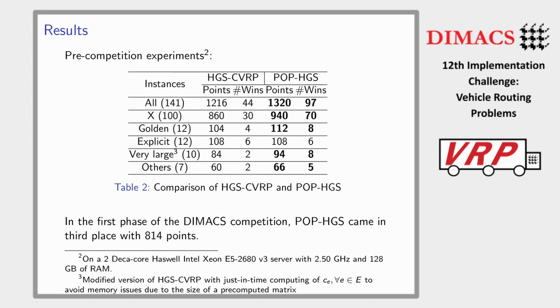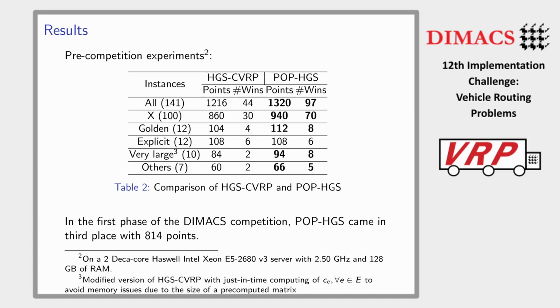For the very large instances, we had to modify a bit the HGS-CVRP because of memory issues. So the pre-computed matrix is not a good idea, because depending on your memory, the operating system can kill your method. So we did just-in-time computing of the cost for each edge.